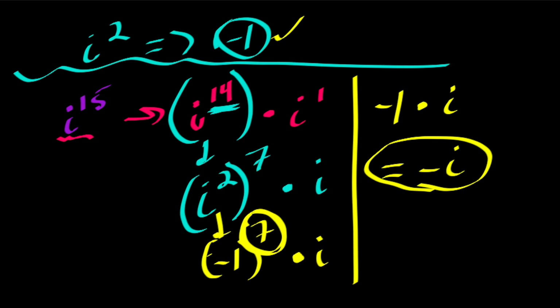All right, let's do another example. Let's do a simpler one, i to the 5th. Let's say I wanted to simplify this. Well, first, I want to rewrite this so that it has an even exponent, which means we're going to have to go down, so we'll make it i to the 4th. But then in order to get back to i to the 5th, I have to multiply this by i.